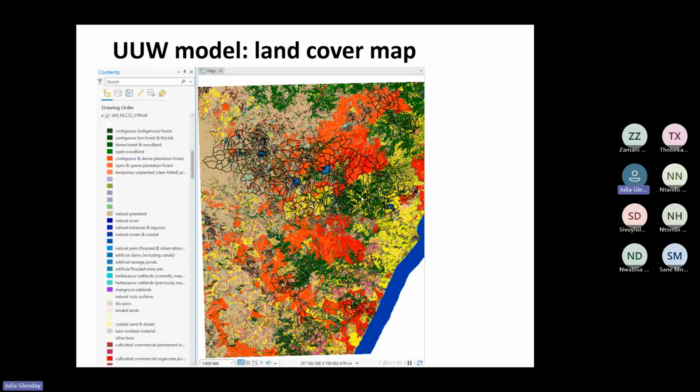Here is just a screenshot of the national land cover map for our area, with the subcatchments outlined in black, and you can pick up where some of the dams are to get a feel of where you're looking. The red is plantation forest, and sugarcane is also in red. This coloring is the standard color map that the National Land Cover dataset comes with.